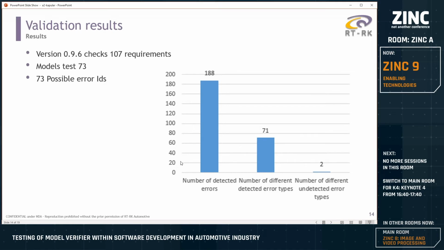Now, as you can see, we did not manage to detect all of them. Two were left undetected, and the overall number of errors detected was actually a lot higher than the models were designed for. We verified that this is due to overlap between the models, with some errors appearing twice or even 3 times. But it is all expected, so we did not find any issues with this.